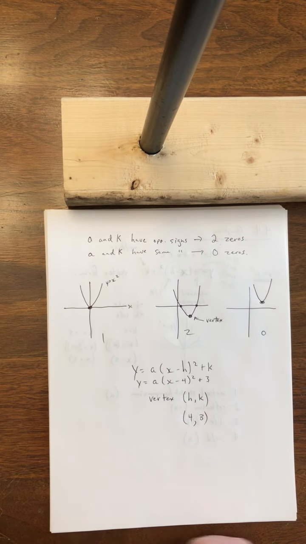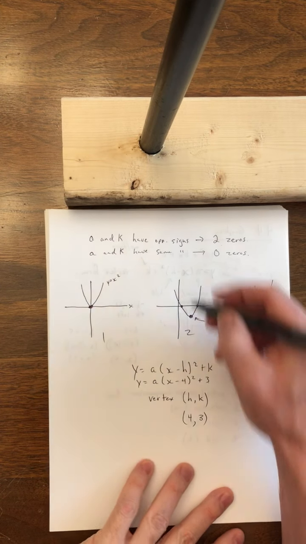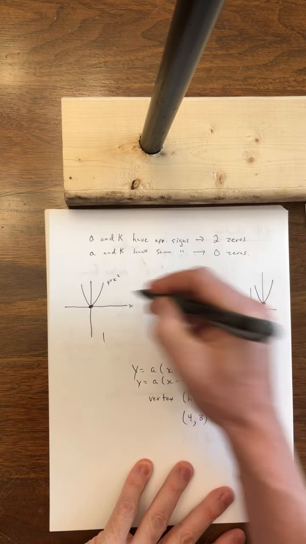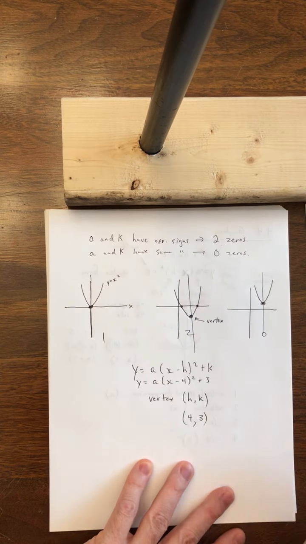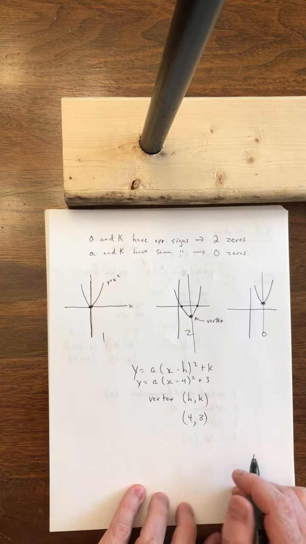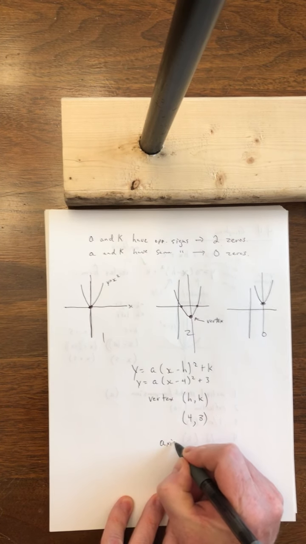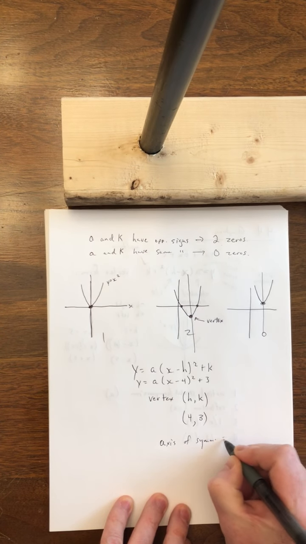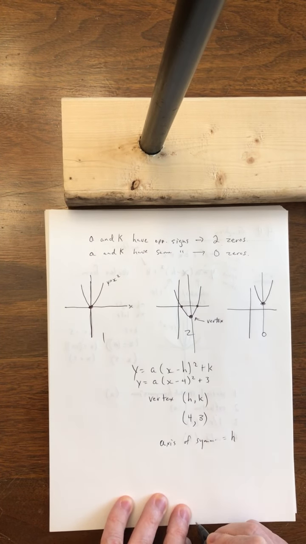We can also find our axis of symmetry without actually having to graph it as well. So our axis of symmetry is that line that passes through the vertex where both sides of the parabola are symmetrical to each other. And in this case, our axis of symmetry is equal to h.